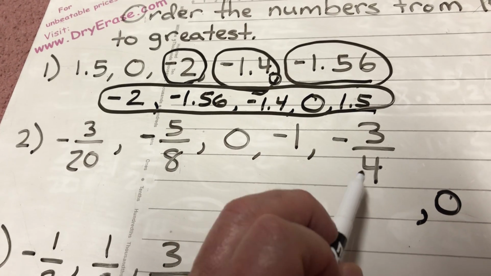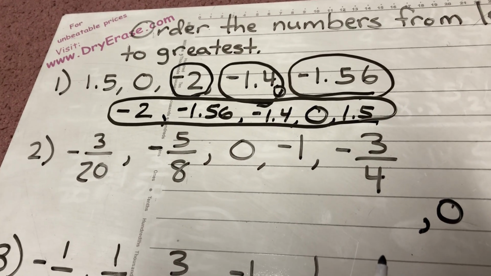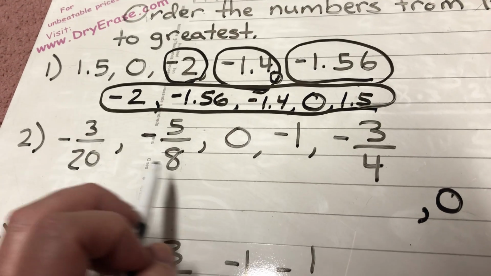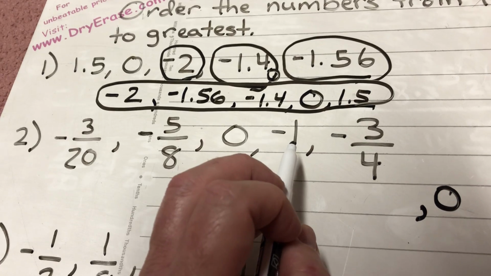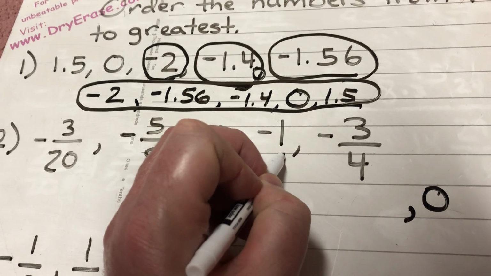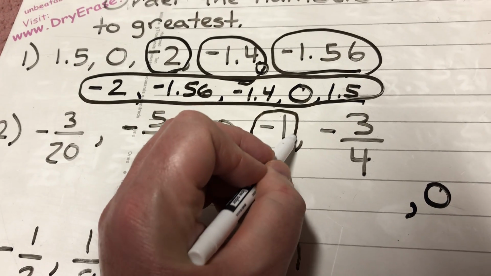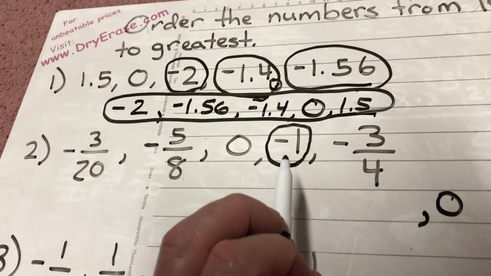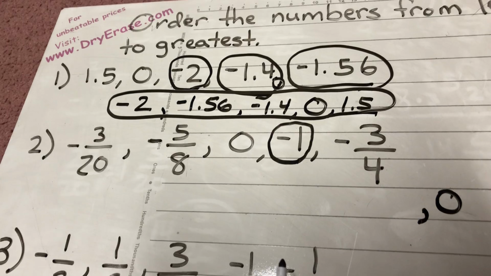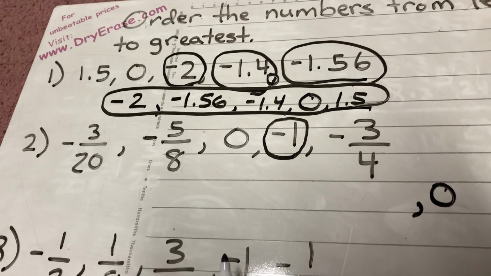That tells me these are all less than 1, which means the 1 is actually bigger, which means since it's negative, that's actually the smallest number in the set because they took an entire 1 instead of just a fraction of 1. So I know that's going to come first.